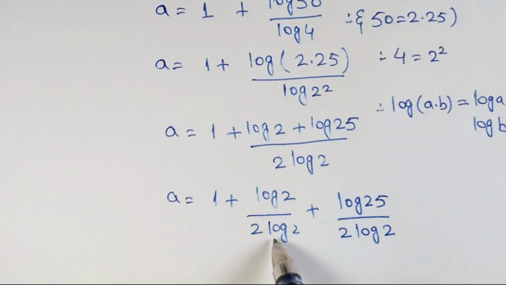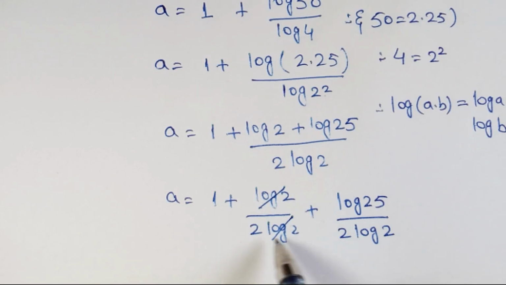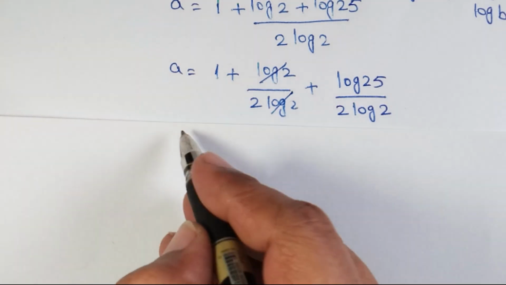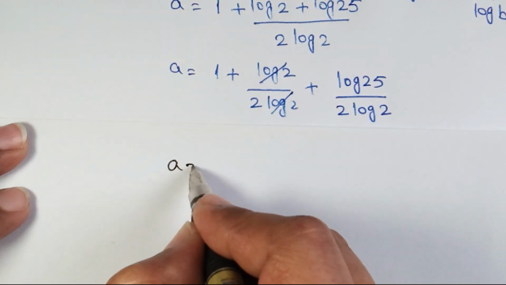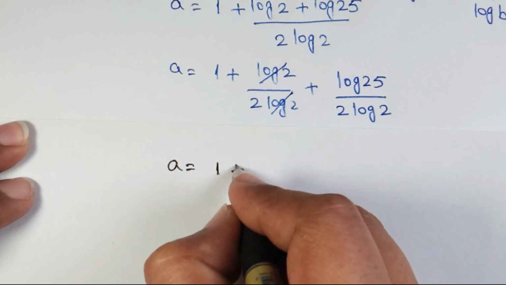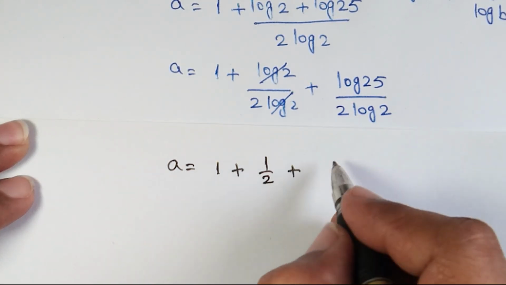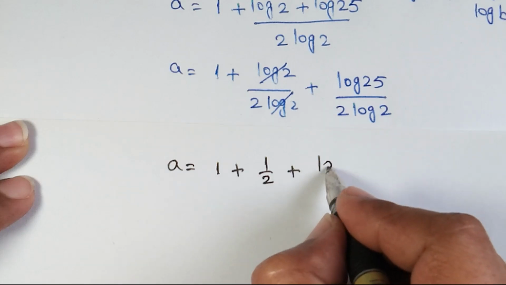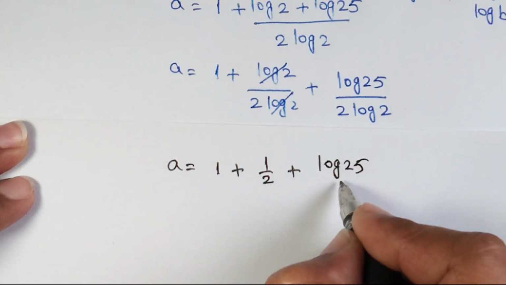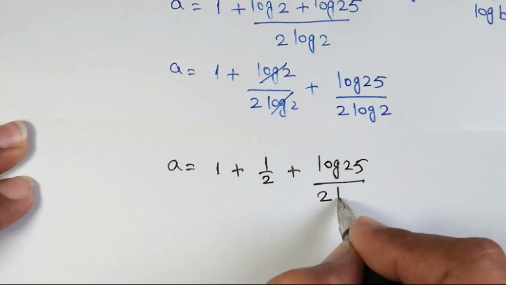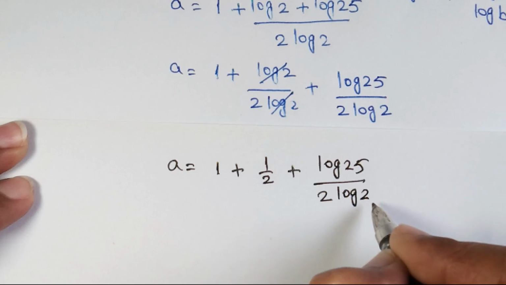So this log of 2 will cancel with this log of 2, and the remaining expression is a is equal to 1 plus 1 over 2 plus log of 25 divided by 2 log of 2.